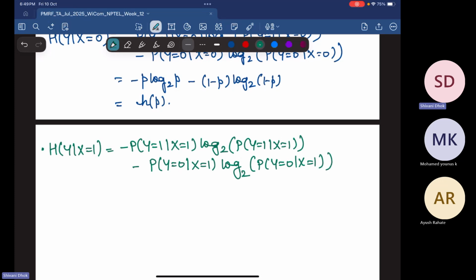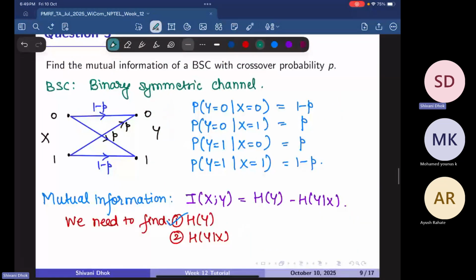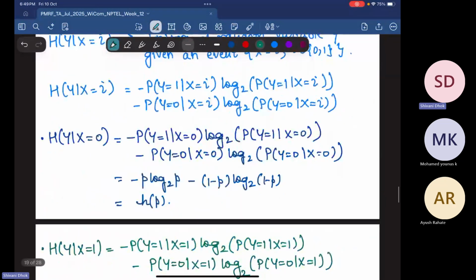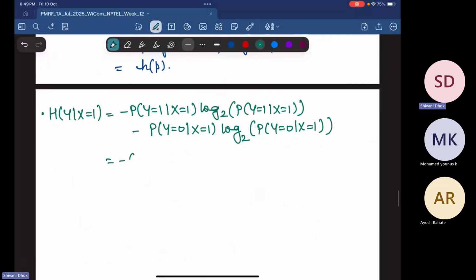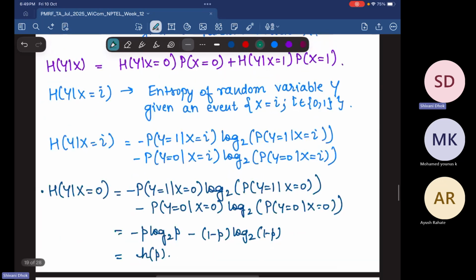Now probability of Y equal to 1 given X equal to 1 was 1 minus p. So I have minus (1 minus p) log of (1 minus p) to the base 2, minus p log of p to the base 2, since probability of Y equal to 0 given X equal to 1 was p. So this is also equal to little h of p. Both of these things are equal to little h of p.